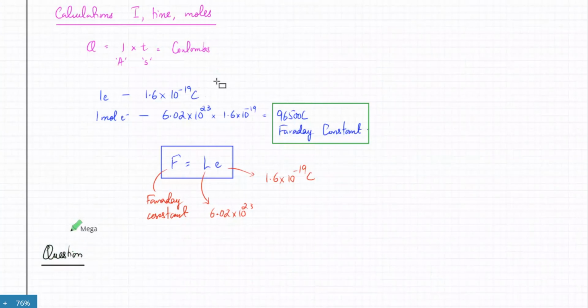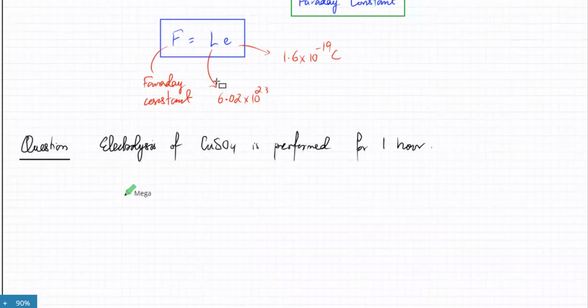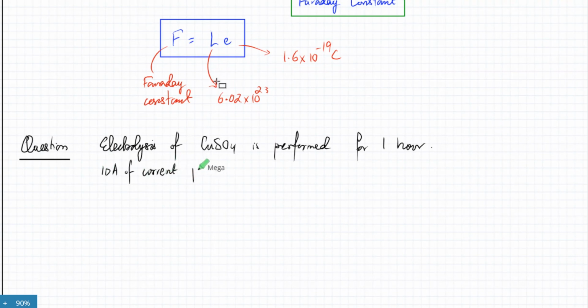Now the question is, let's say electrolysis of CuSO4 is performed for 1 hour, and during that electrolysis, 10 amperes of current was used.